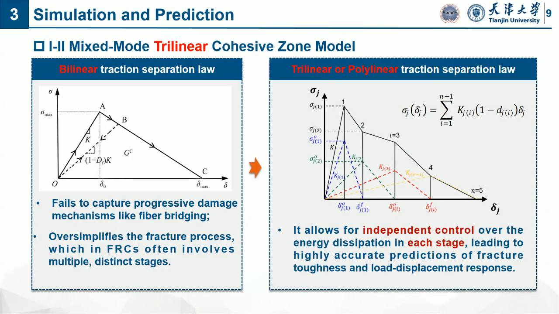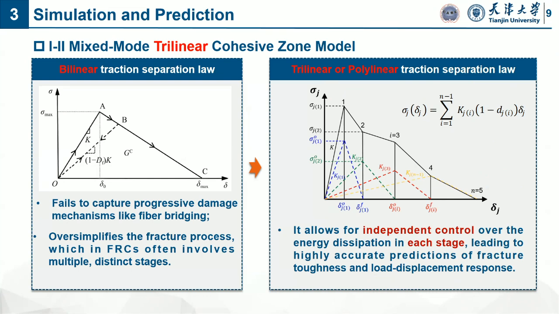For simulation and prediction, people normally use the bilinear traction separation law in the cohesive zone model. As you know, this is very simple, but fails to capture progressive damage mechanisms like fiber bridging.